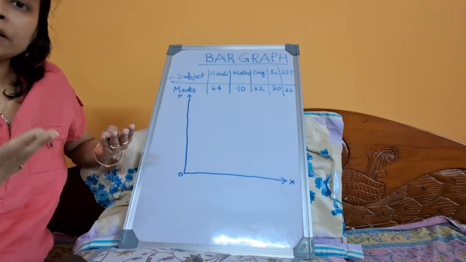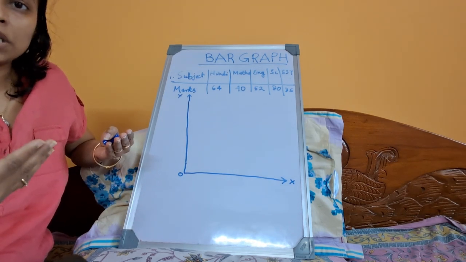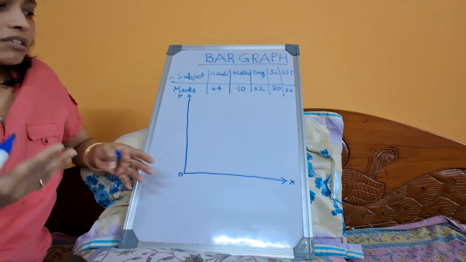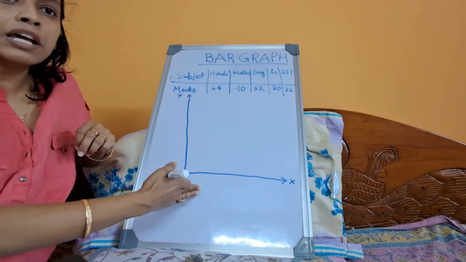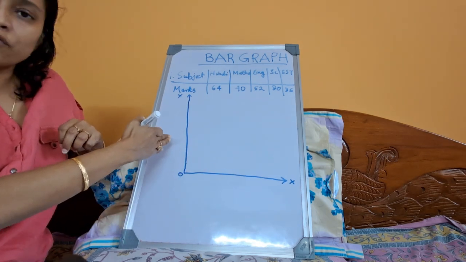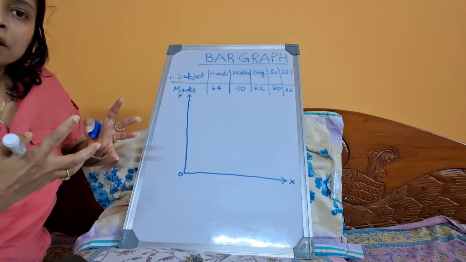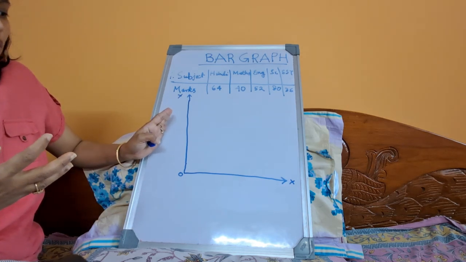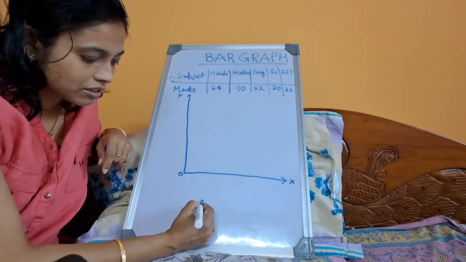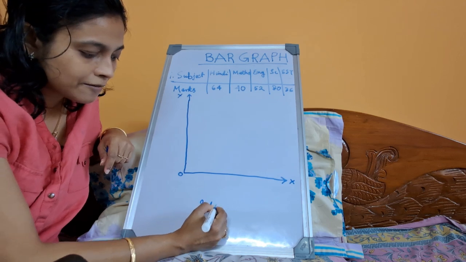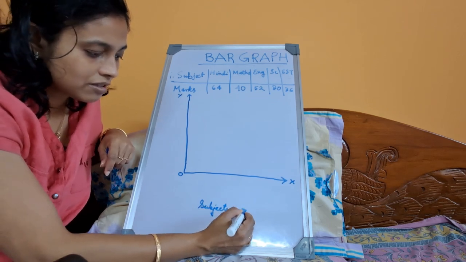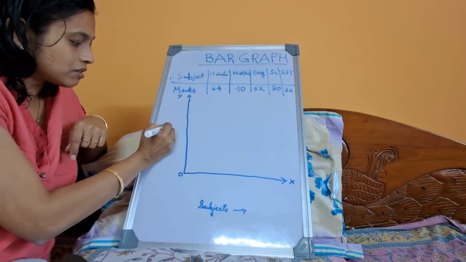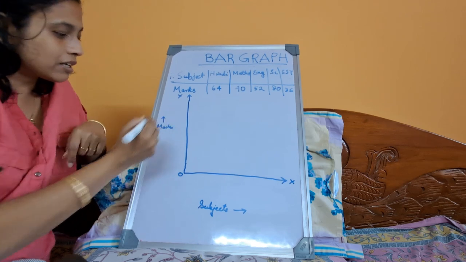It can be anything else. The variable that we have is represented on the x-axis, and the marks will be represented on the y-axis. So we write subjects along the x-axis, marks along the y-axis.